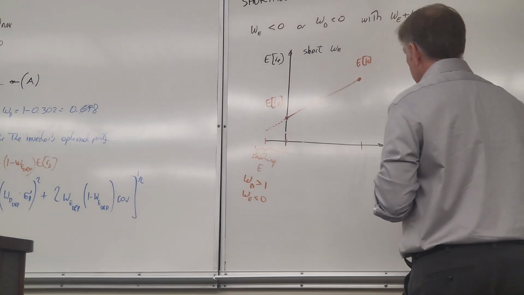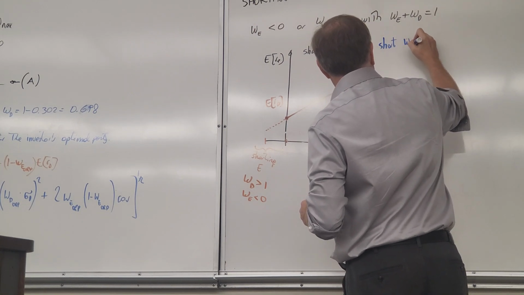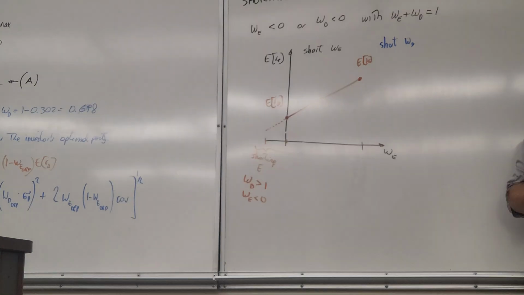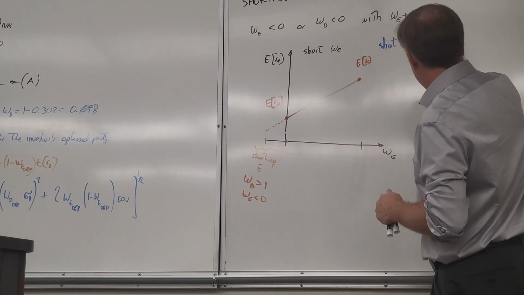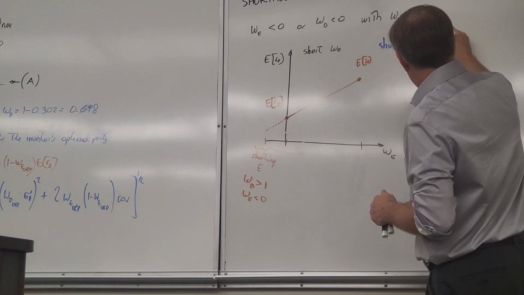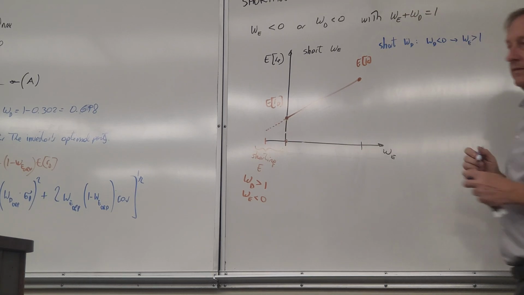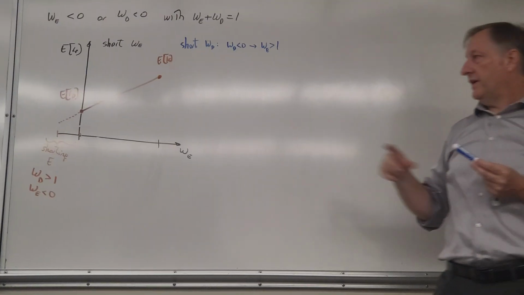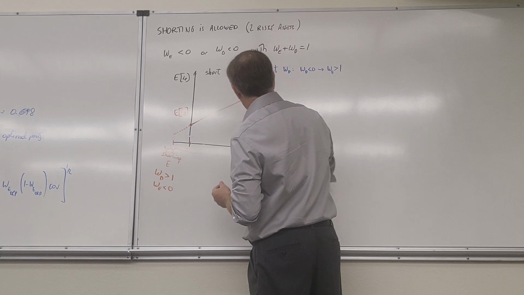What if you can short D? Well, if you can short D, that means that the weight of debt is negative, which implies that the weight of equity must be greater than 1. So if your weight of equity is greater than 1, you're extending the graph to the right.